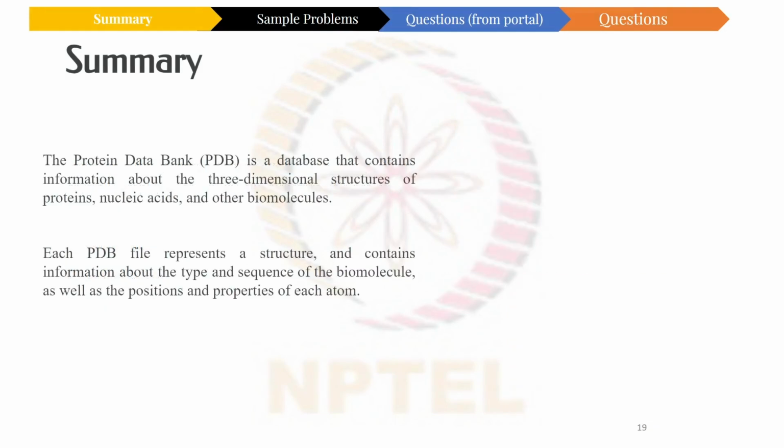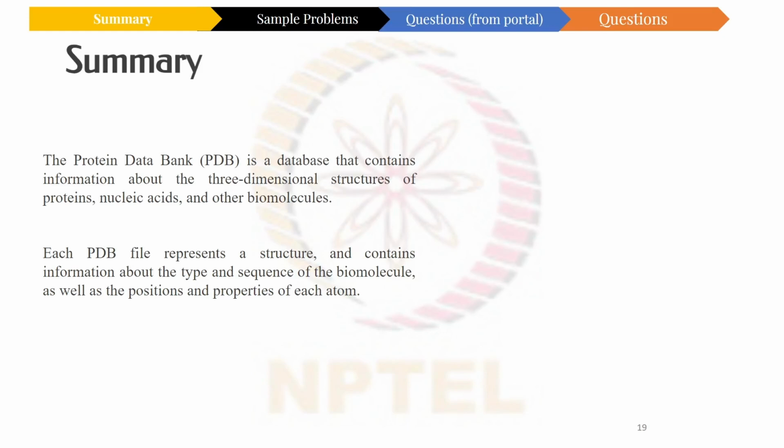Now, several structures may be solved using these experimental techniques, but where to store them and how to access them? We have PDB. PDB stands for Protein Data Bank. The Protein Data Bank is a database that contains information about the three-dimensional structures of proteins, nucleic acids and other biomolecules as well.